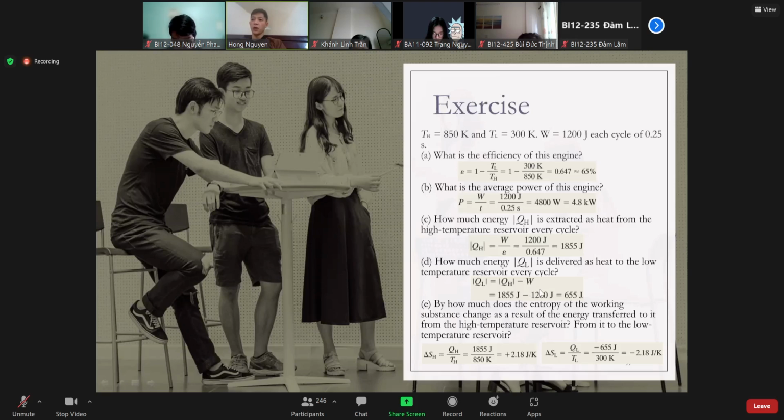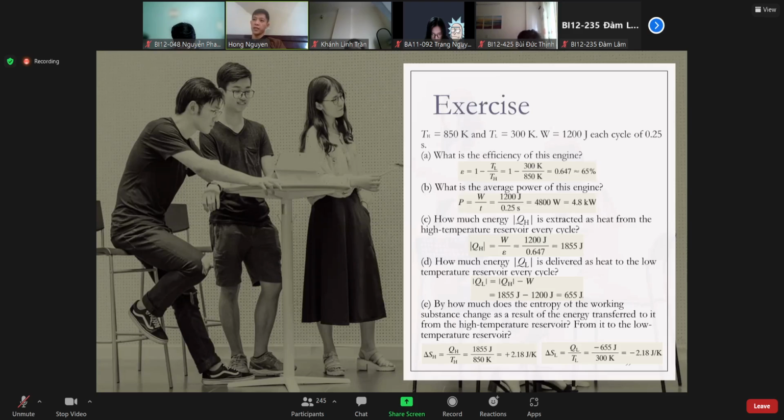Then the cold reservoir, we also know. When we know the heat of the hot reservoir and the work, we should be able to calculate the heat delivered to the cold reservoir.